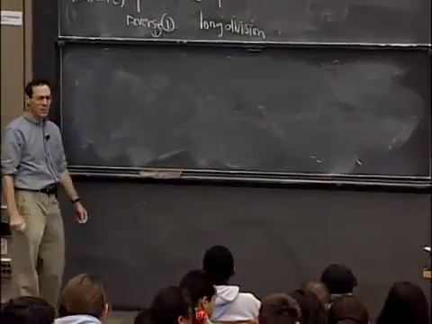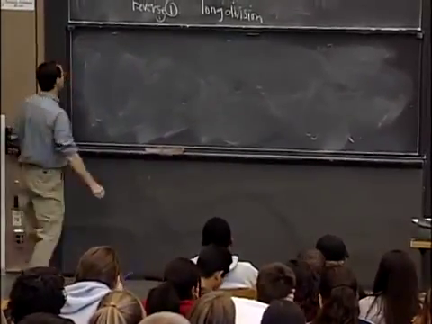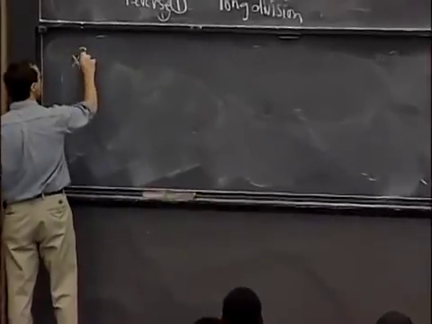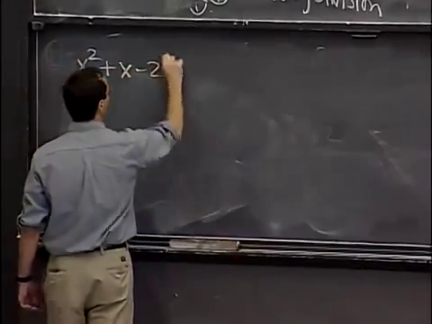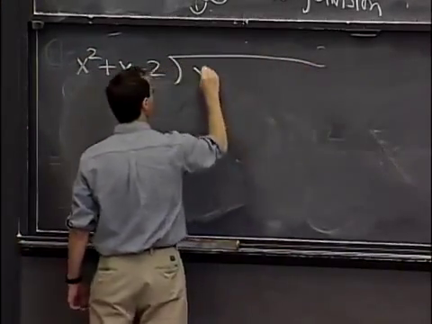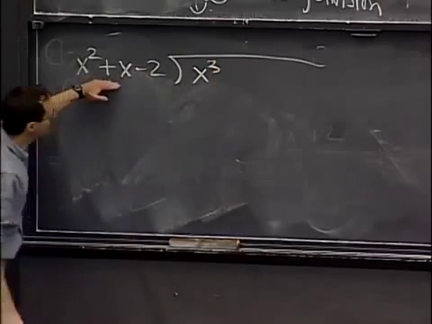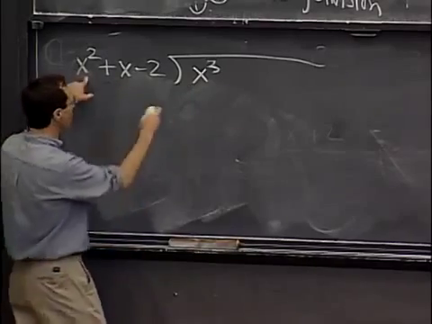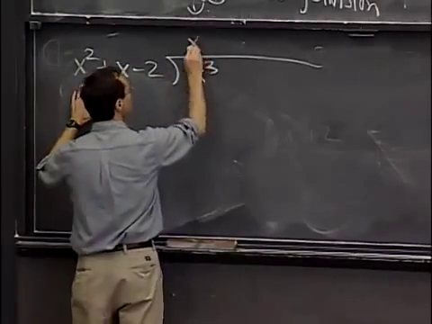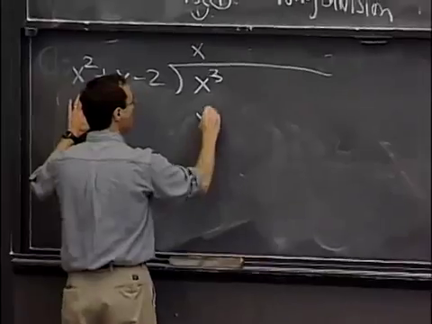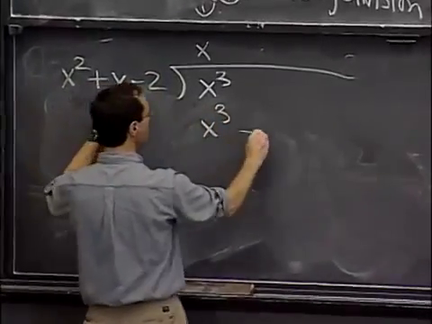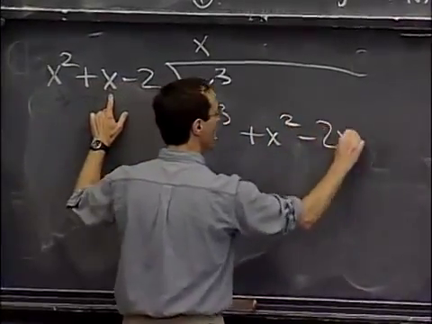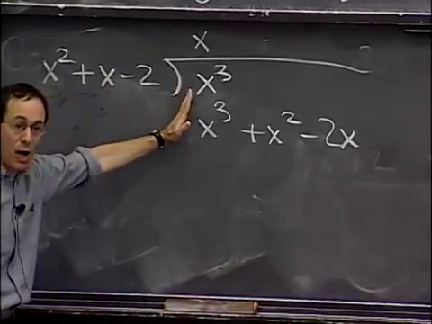Okay, so here's how it works in the case of polynomials. It's kind of amusing. So we're dividing this polynomial into that one. And so the quotient to first order here is x. That is, that's going to match the top terms. So I get x cubed plus x squared minus 2x. That's the product.